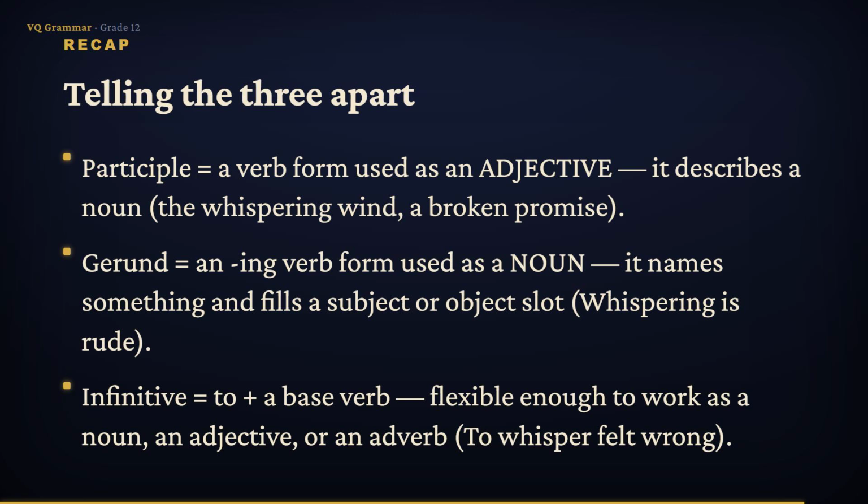And third, the infinitive, to plus a base verb, flexible enough to act as a noun, an adjective, or an adverb. And remember the one move that unlocks all three? When a participle and a gerund look identical, the job decides. Describing means participle. Naming means gerund.